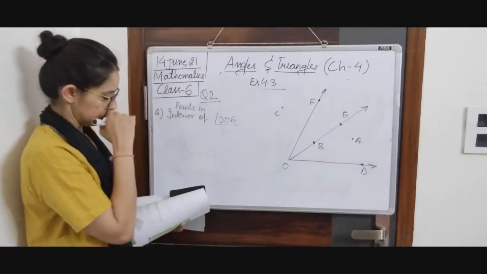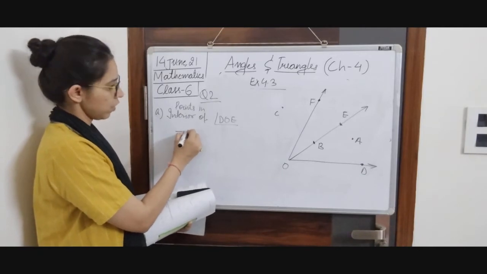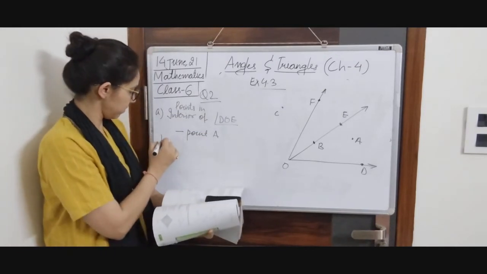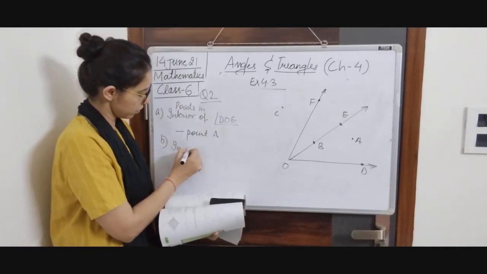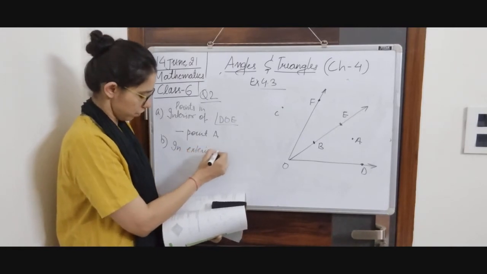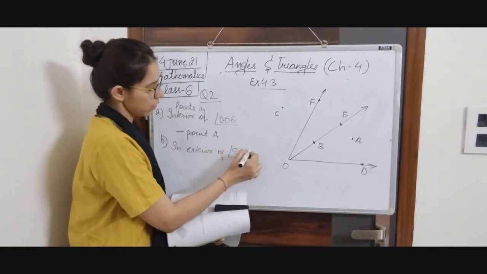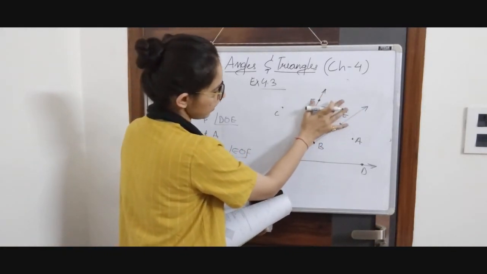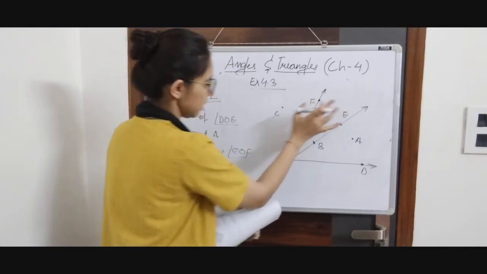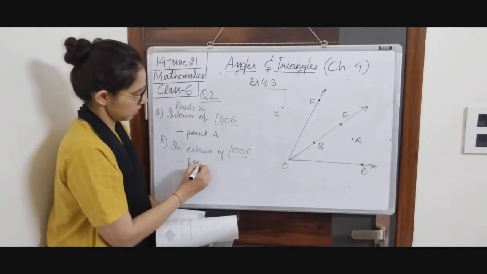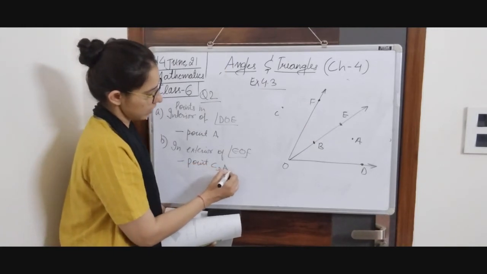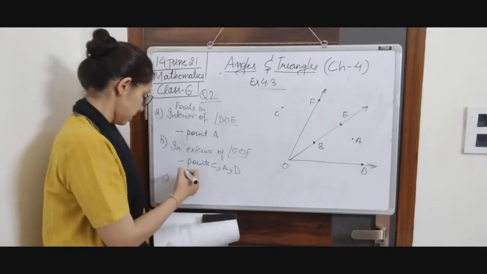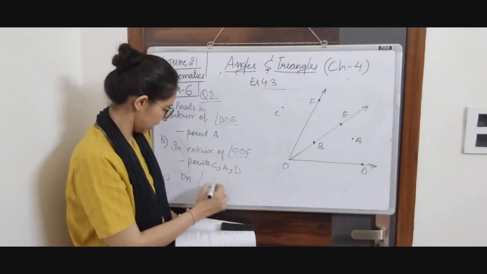So in the interior of this will be point A. Second, the points in the exterior of angle EOF: we can write point C, point A, and point D. Third is the point on angle EOF.